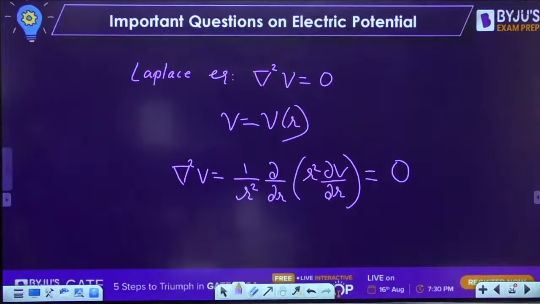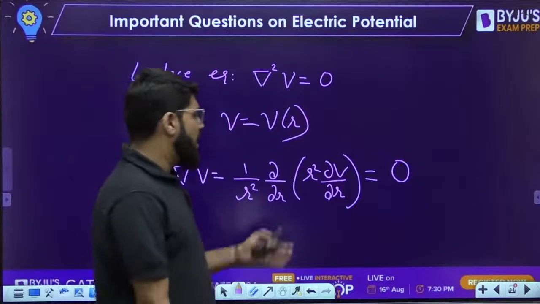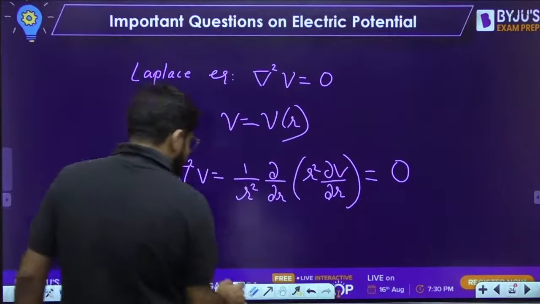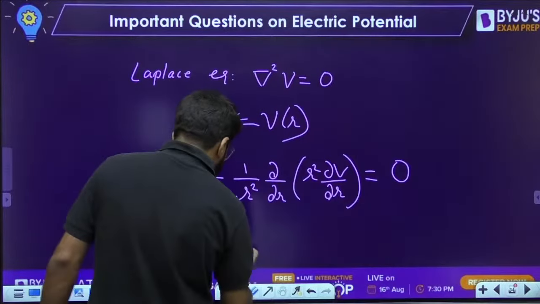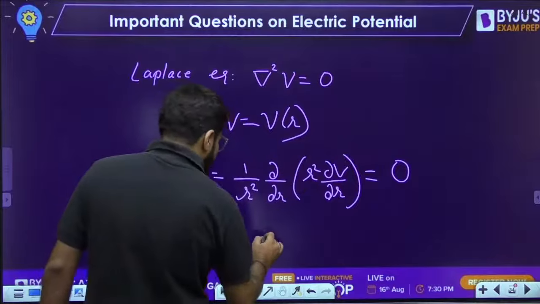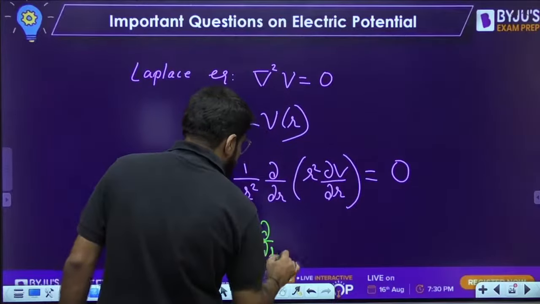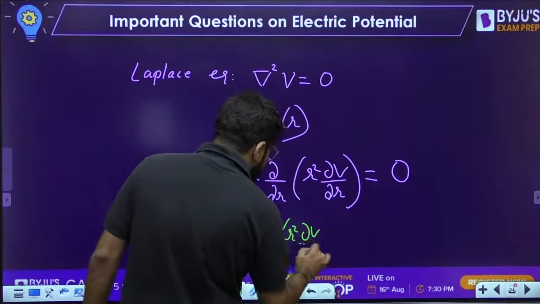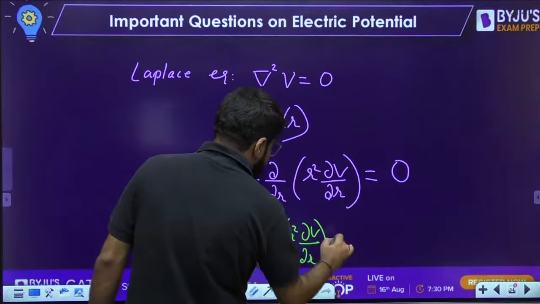This also means that, multiplying r square to the right side, del by del r of r square del V by del r equal to 0.